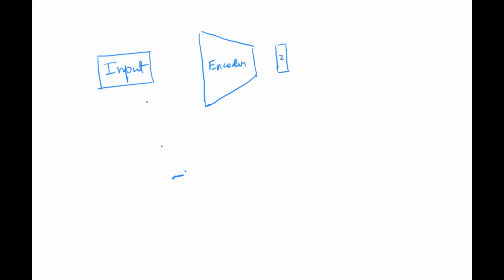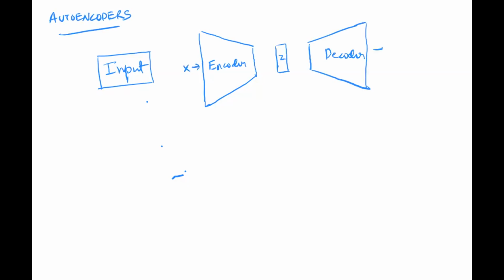And so this is me talking about autoencoders right now and not VAEs. And then we have a decoder network, which takes as input the latent vector and aims to produce back the input that went in.